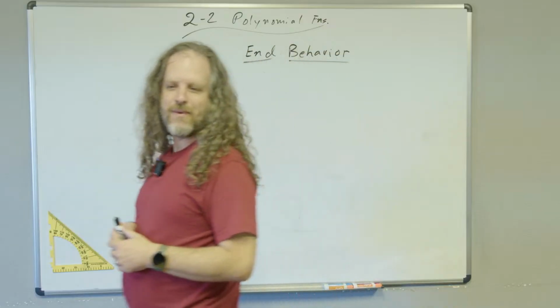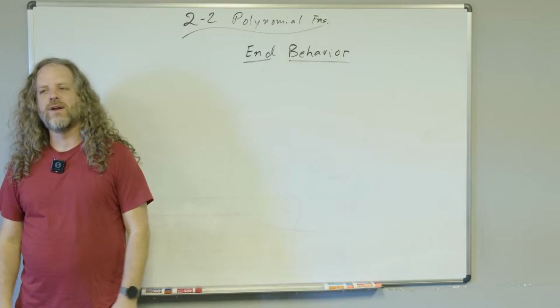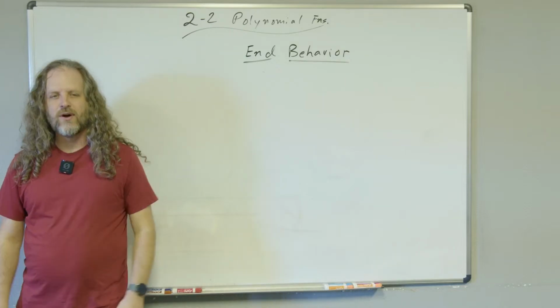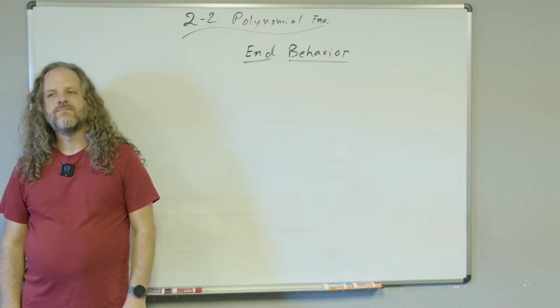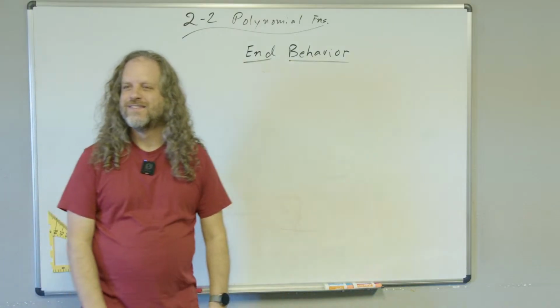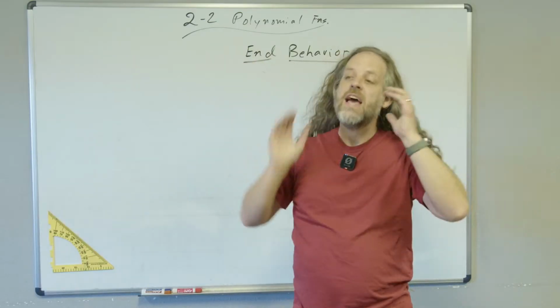What is standard form going to look like? There's one and only one criterion, really. Exponents in descending order. That's what we're looking at.